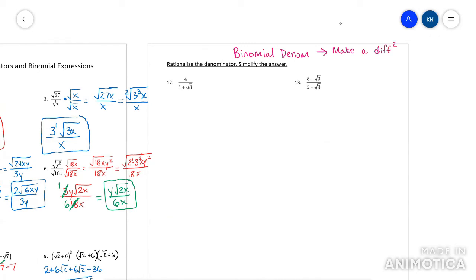So here's what I mean. It says 1 plus root 3 on the bottom. There's a root there. I cannot have a root down there. So the way you fix this is you hit it with a difference of squares.